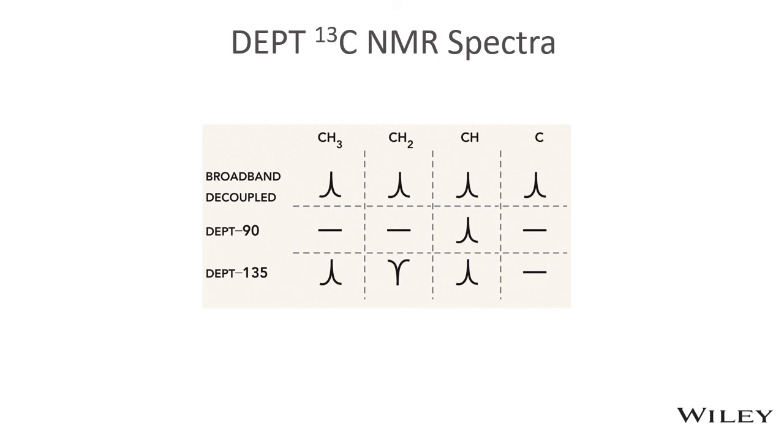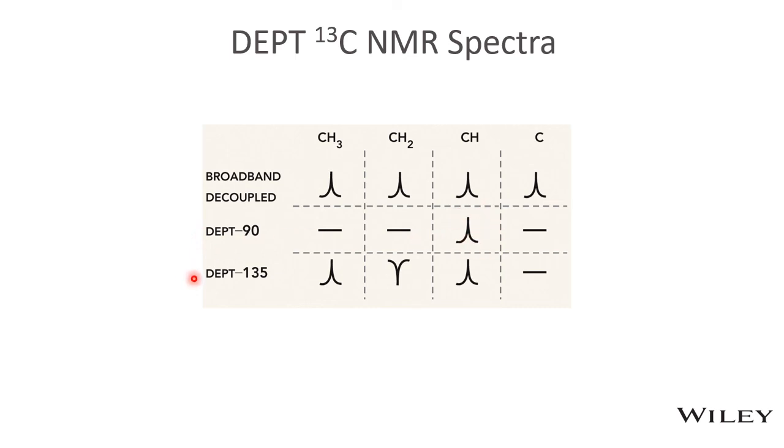Many times, these 3 types of NMR are used with one another, along with a proton NMR. Now again, our broadband decoupled carbon NMR shows all types of peaks for all types of carbons. For the DEPT 90, it's only going to focus on CHs.